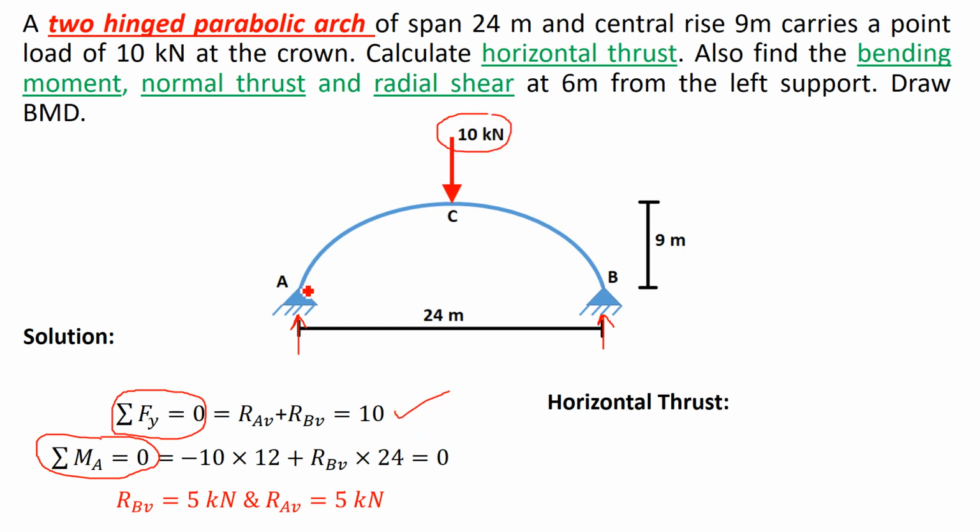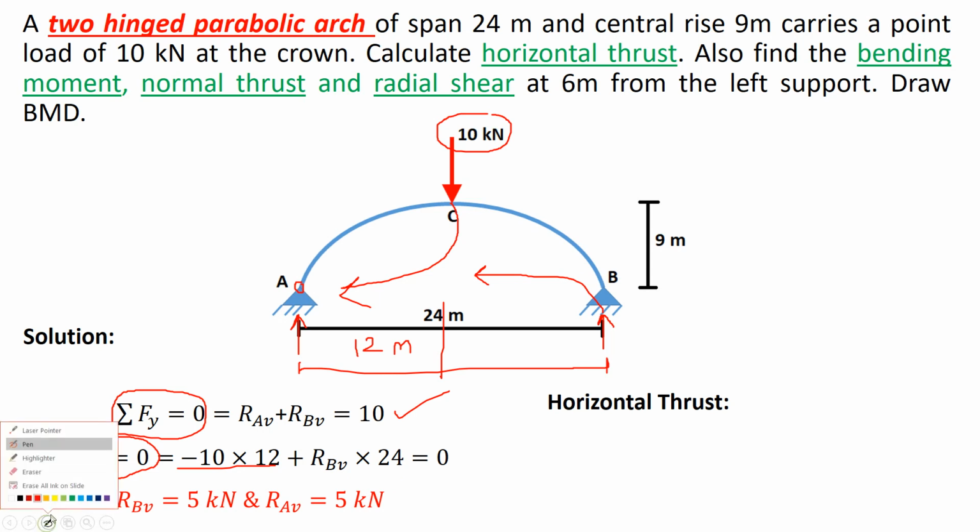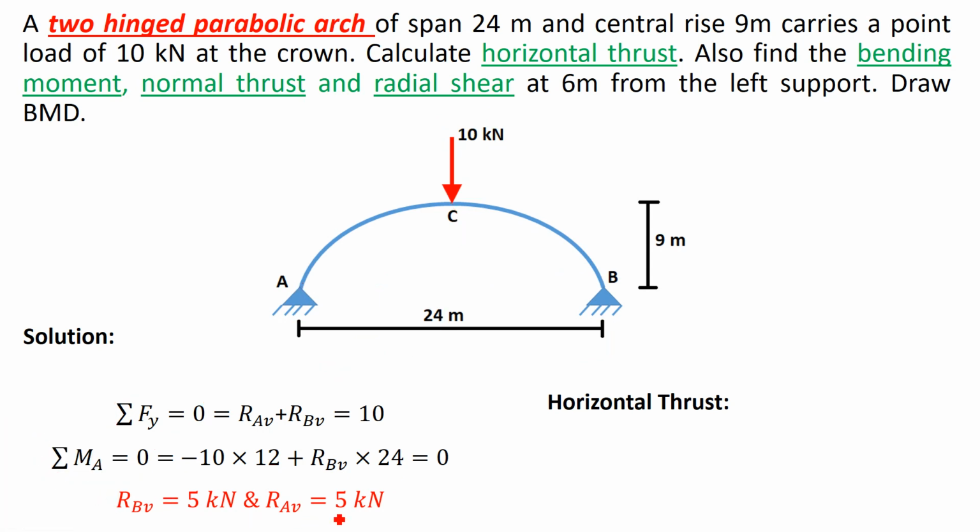Summation of moment about A: moment of 10 kilonewton is 10 into half of the distance, 12 meter, clockwise is taken as minus, and RBV into 24 meter perpendicular distance, anti-clockwise is taken as plus. We can change the sign conventions, no problem. From this we can calculate the vertical reactions at B and A, that is 5 kilonewton each.